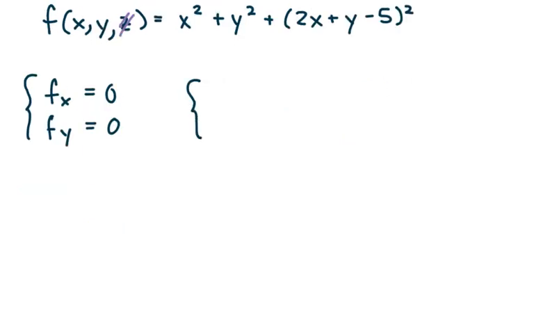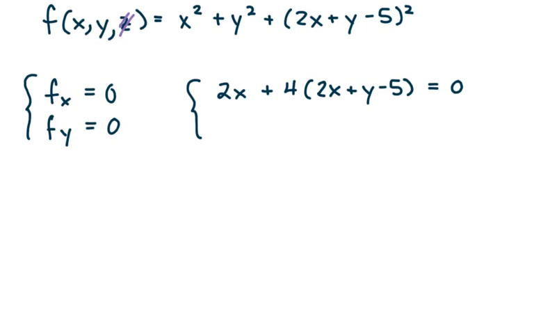So what does this give us? If we take the partial with respect to x, we get 2x. This goes away. We pull the 2 down. The derivative of the inside is just going to be 2, so I'm going to have a 4. So I have 2x plus 4 times (2x plus y minus 5) equals 0.